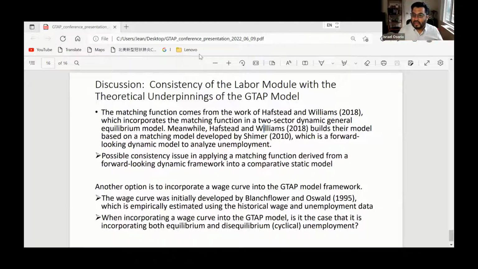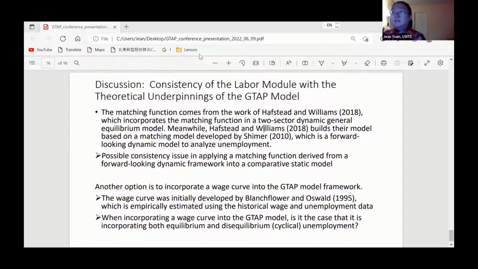Is it with the standard assumptions of GTAP, or how do you decide which workers move from one sector to another? So basically, I think the idea here is that the movement of the workers is basically decided by this matching framework. And then we also have frictional unemployment incorporated in the model.